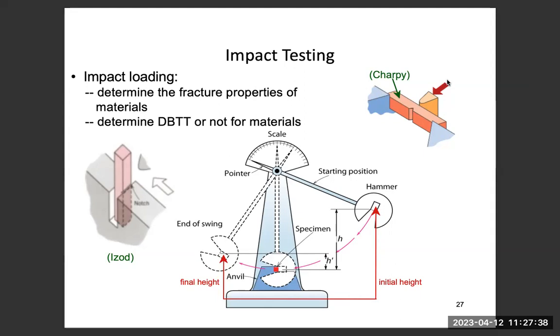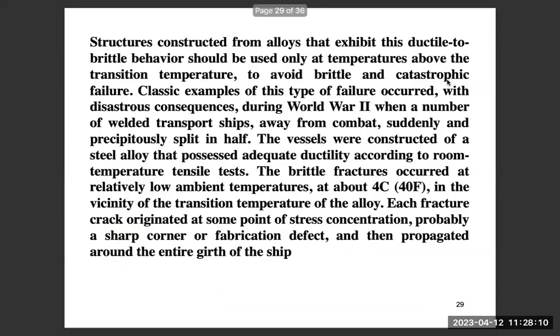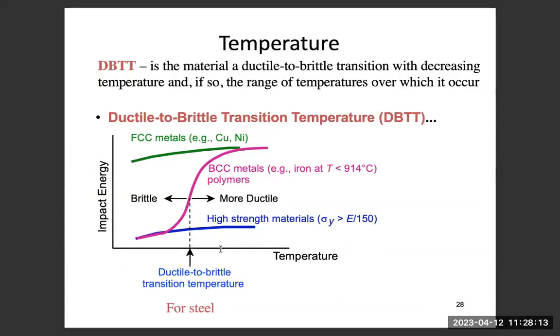Then we will read the impact energy that the specimen can absorb and determine the ductile to brittle transition temperature. In BCC materials, we obtain a sharp change from ductile to brittle at a critical temperature, and that temperature is called the ductile to brittle transition temperature.